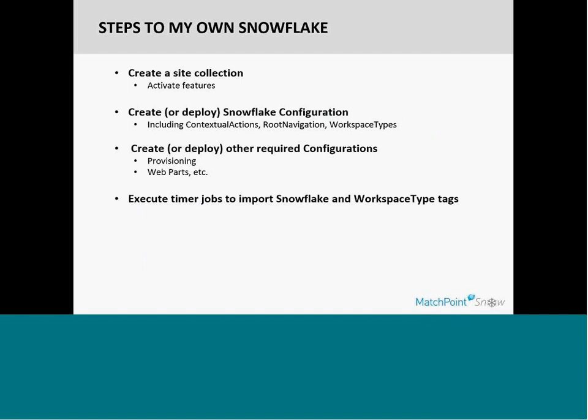Now that we know which parts are required for a Snowflake to exist, I will quickly explain what steps it takes to create a Snowflake, and then we will look at the different steps in more detail. First thing is to create a site collection. This is the root site collection where the Snowflake is hosted. Then you need to create or deploy, depending on the approach you take, the Snowflake configuration, including the contextual action, route navigation, and the workspace types.